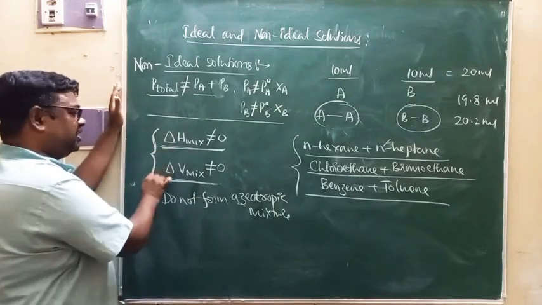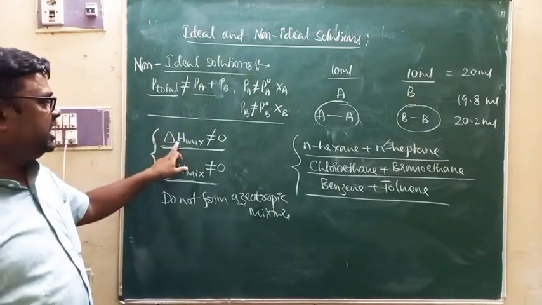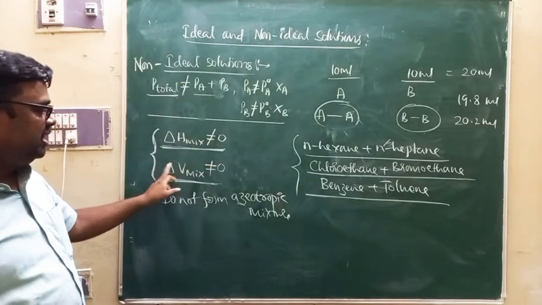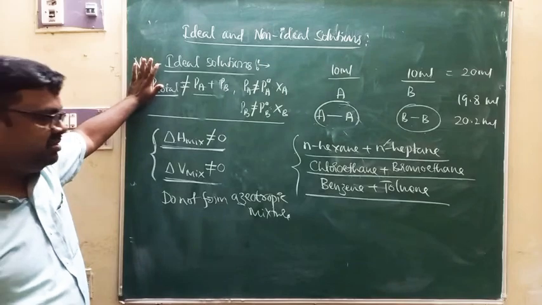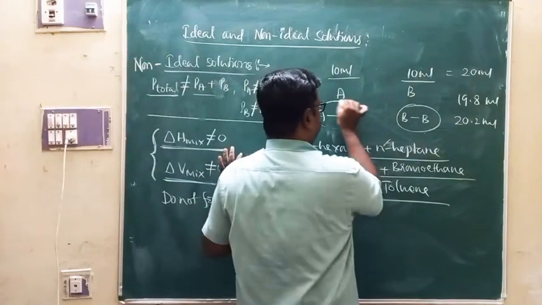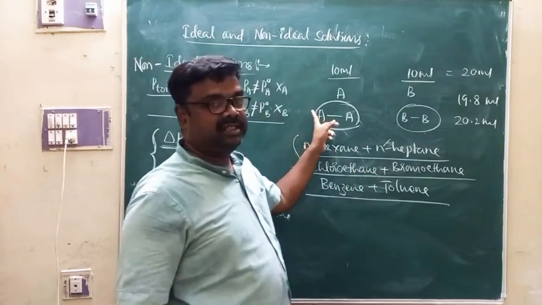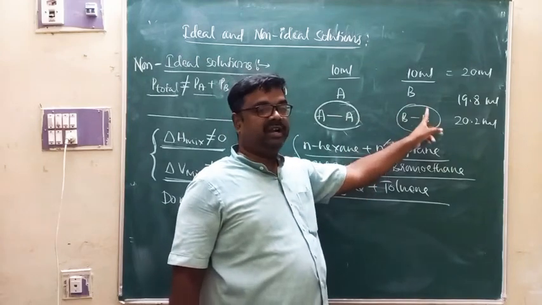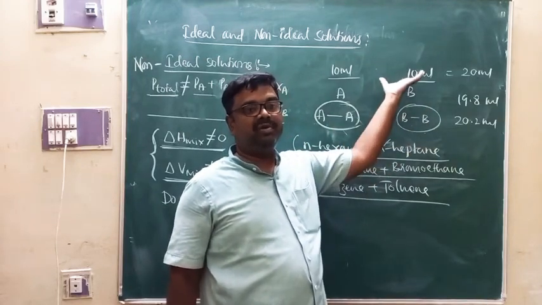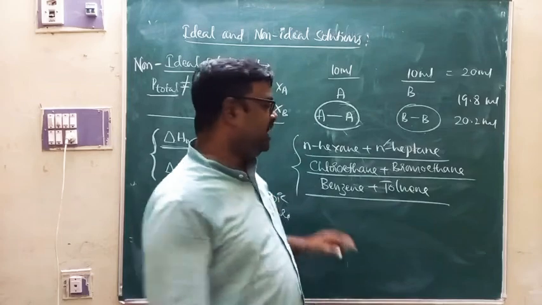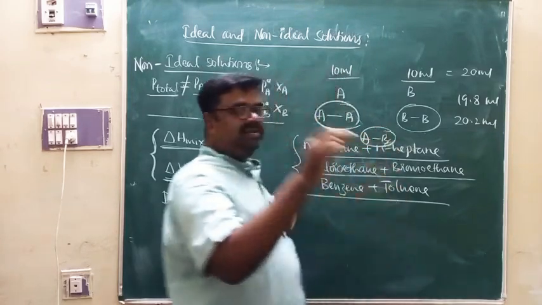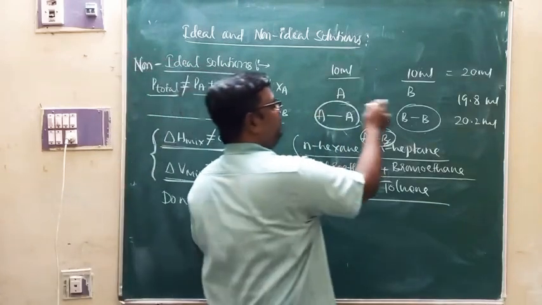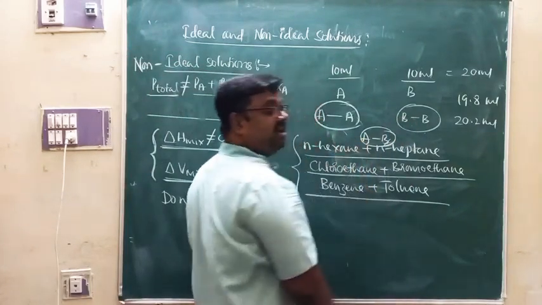Why is this so? If you ask why delta H of mixing is not equal to 0, and delta V of mixing is not equal to 0? In the case of non-ideal solutions, the AA interactions or BB interactions among the molecules of pure components will not be equal to the AB interactions among the molecules of the solution. AA or BB interactions are different from AB interactions.